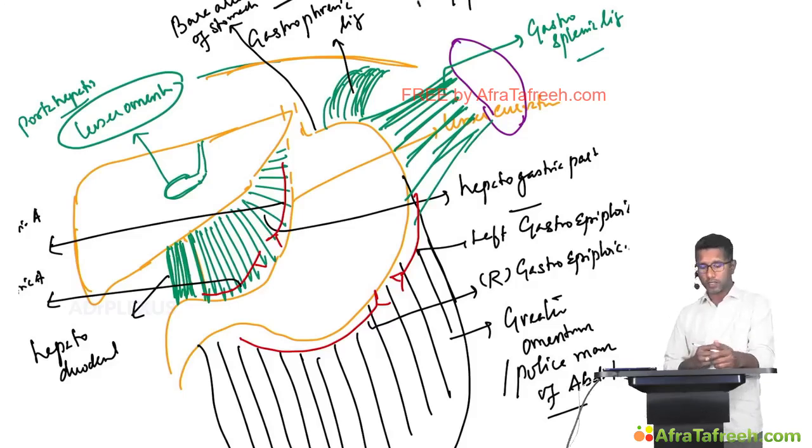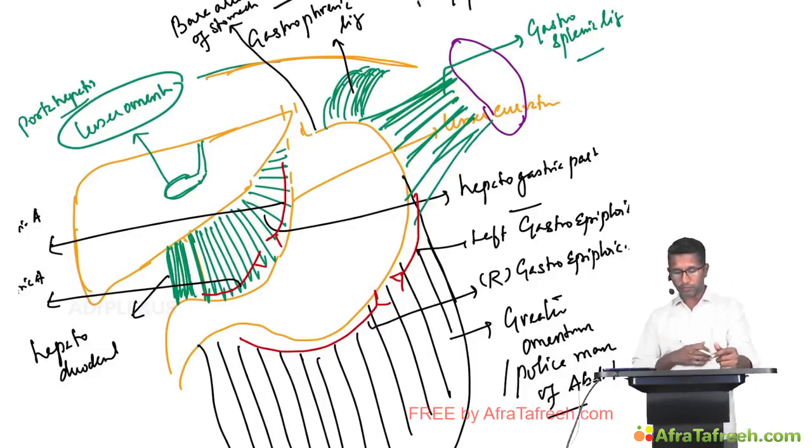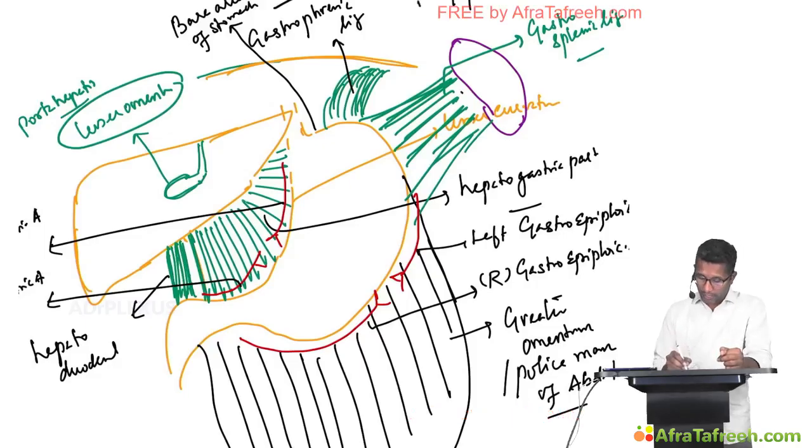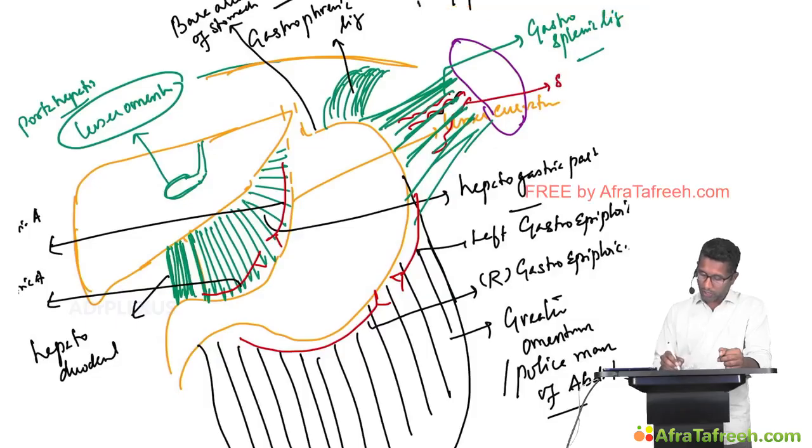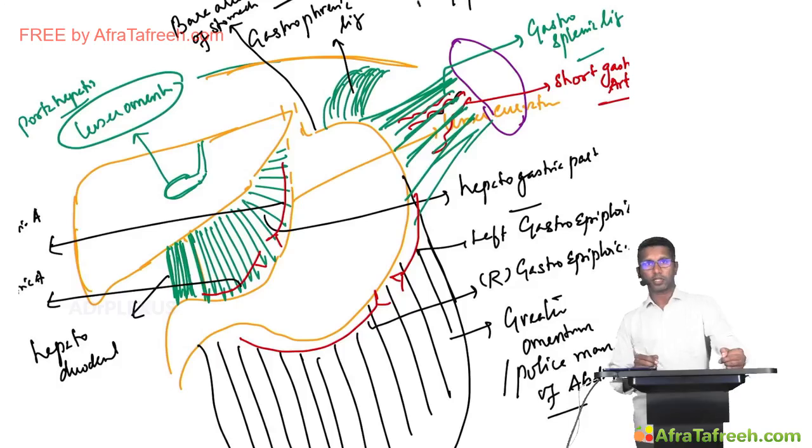So these two arteries run along the greater curvature within the greater omentum. And there are arteries which run within the gastrosplenic ligament. These arteries, which supply the fundus of the stomach, are called the short gastric arteries. So these are the peritoneal folds with their arteries running through them.